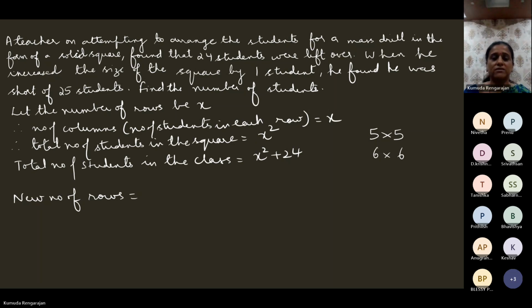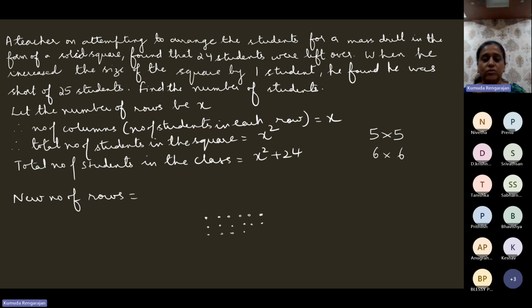Correct? Earlier, if it was a 5 by 5 square, now he's increasing the size of the square by one student. So he makes a 6 by 6 square. Because see, if there are 1, 2, 3, 4, 5 students in a row, and he makes another student stand here, so now there are 6 students in a row. So then there should be 6 columns also, right? 1, 2, 3, 4, 5, 6.